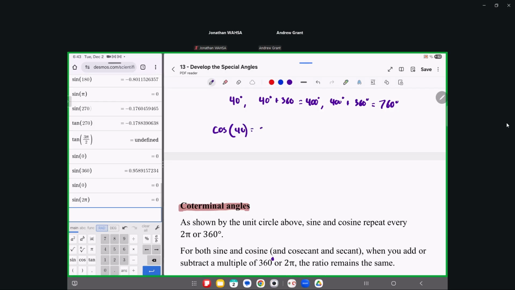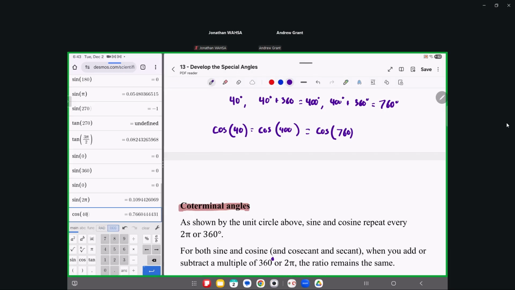That'll be the same thing as cos of 400, which will be the same thing as cos of 760. And we can use a calculator to verify this.